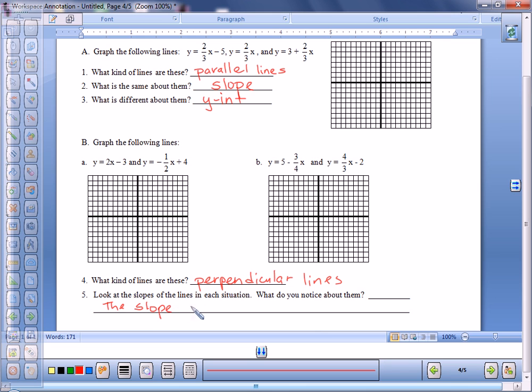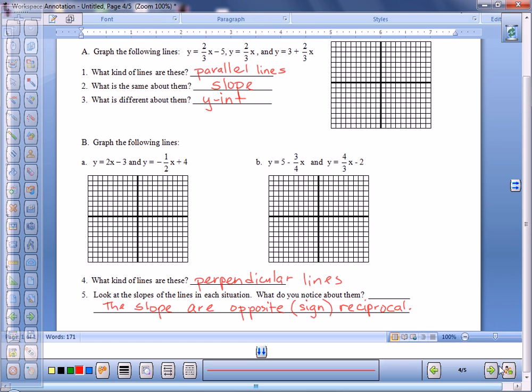Okay, and when I say opposite, what am I talking about? The opposite sign. Good. It's negative. And what is the non-mathematical way to tell somebody how to get a reciprocal? You flip it.